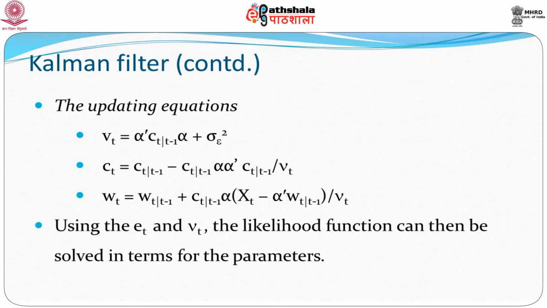Remember that this inverse part also gives the variance, so that will give you your Ct. This Ct into the second component gives you your Wt. So, we can now update Ct and Wt. Look at this: everything on the right hand side is given from the previous step. Of course, the alphas are unknown, and those are the things that we will be estimating.